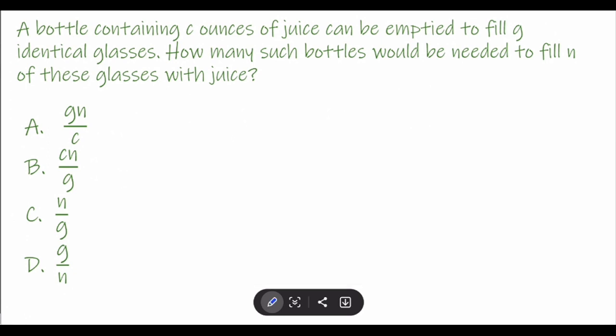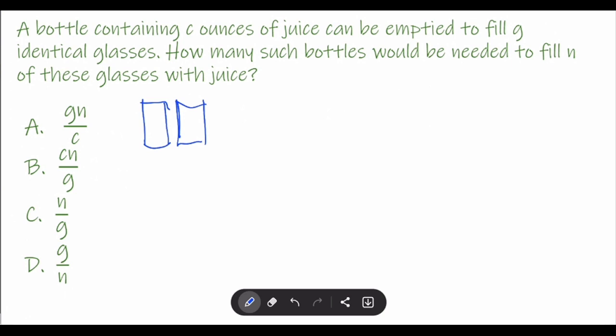So we'll just make some illustration of a bottle containing C ounces of juice. So let's just make a simple bottle of juice. So let's say for example like that. We'll not make it difficult to do. We'll just make it larger, like a glass of juice. Oh, sorry, it's only one.